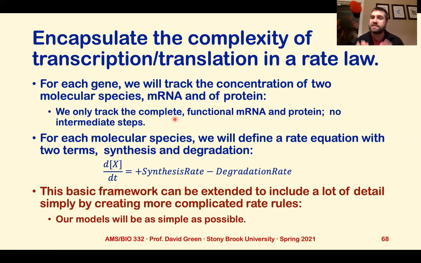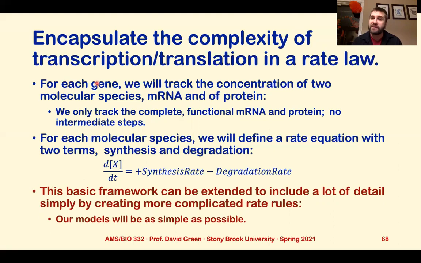What does it mean to be inspired by mass action kinetics? Well, our inspiration is going to come in the form of trying to write things in a rate law, just as we did for enzymatic kinetics, but to have all of the complexity of transcription and translation captured in that sort of rate law.